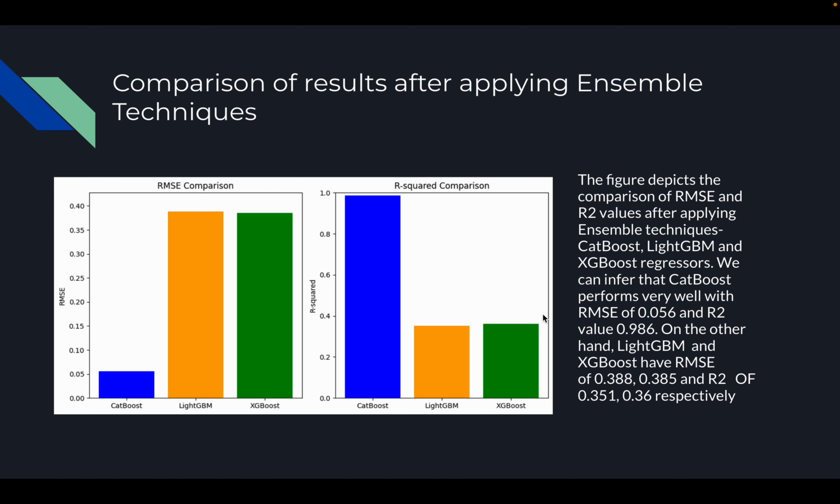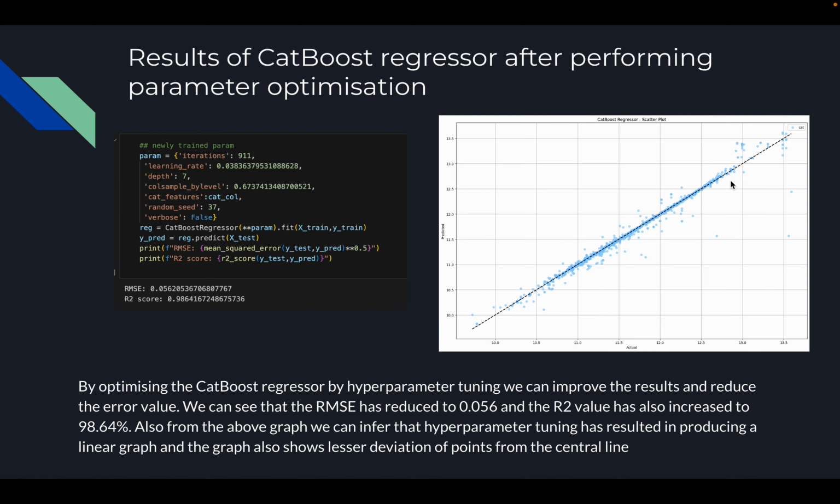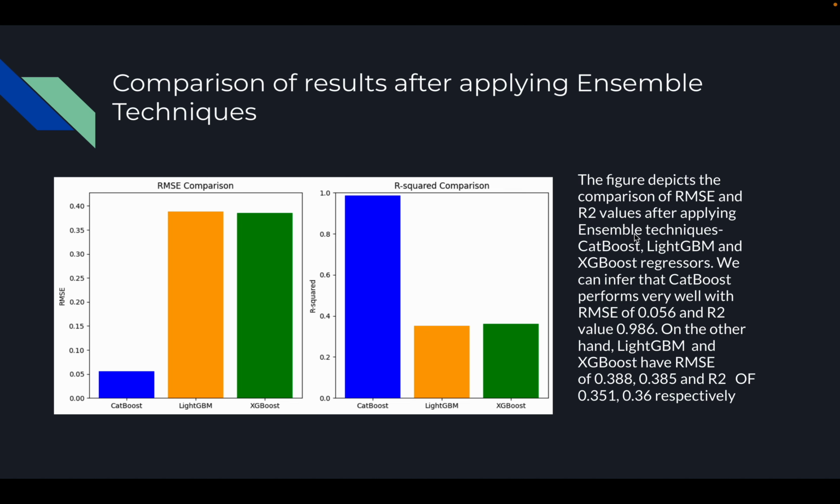You can see from the graph that the line and the points really coincide, and the model is performing highly well. So this is a comparative analysis of the RMSE values and R square values for the CatBoost ensemble technique, CatBoost, LightGBM, and HGBoost, and you can see that CatBoost is really performing well.